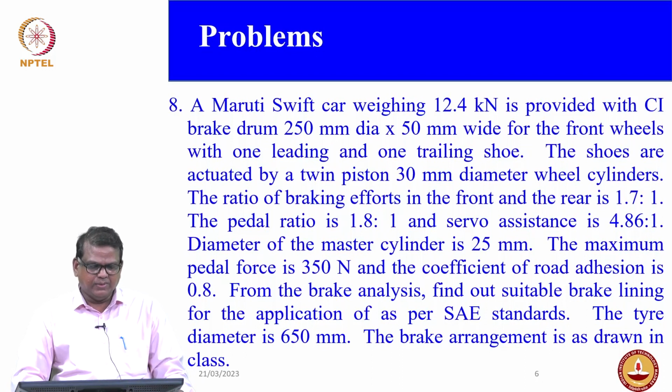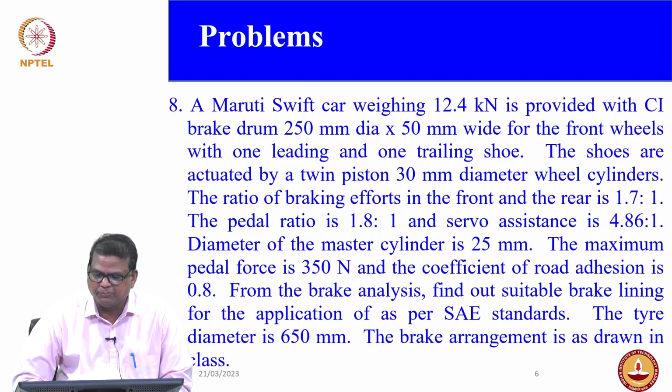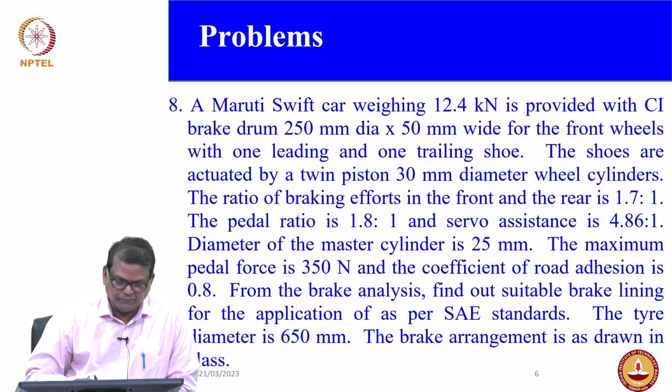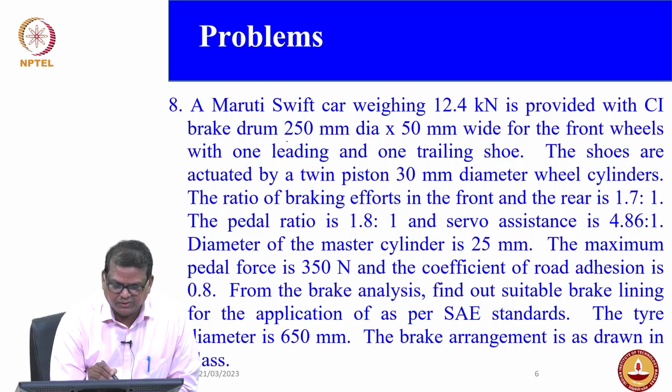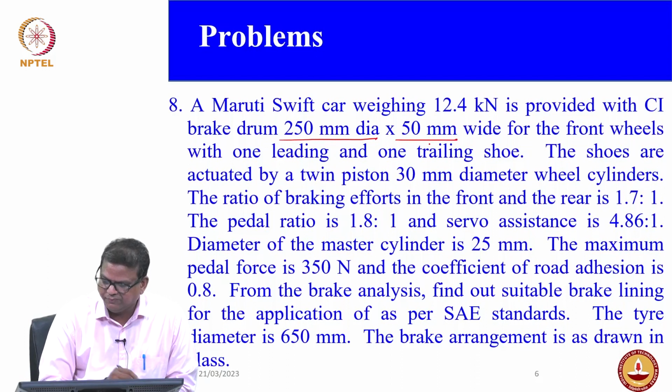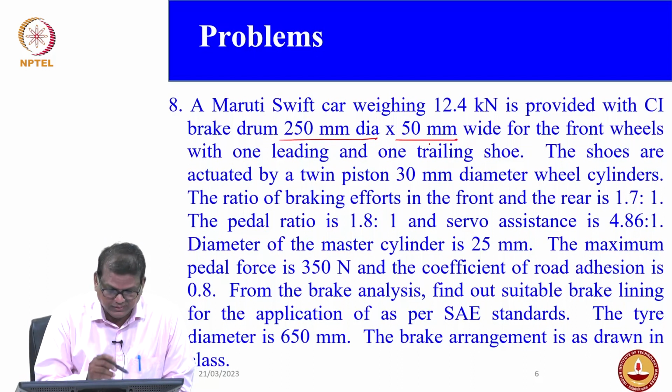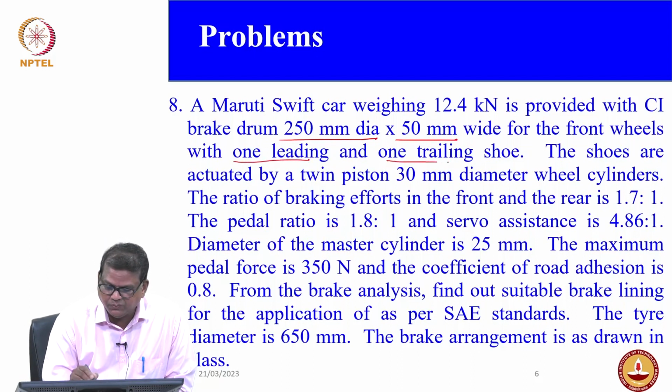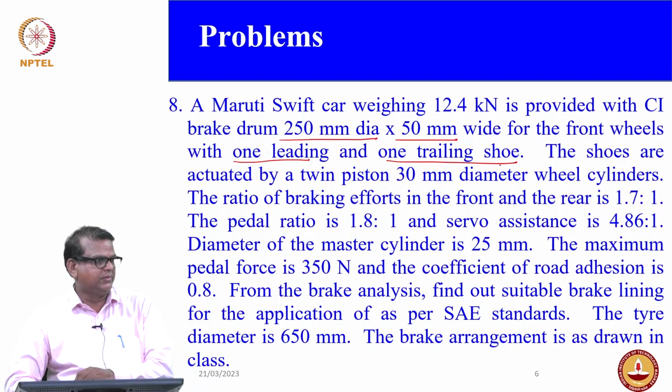You have a Maruti Swift car weighing 12.4 kilonewton, provided with cast iron brake drums with a diameter of 250 millimeter and width of 50 mm on the front wheels, with one leading and one trailing shoe arrangement. So, this is a drum brake system.